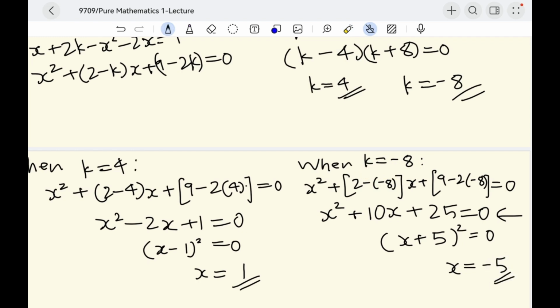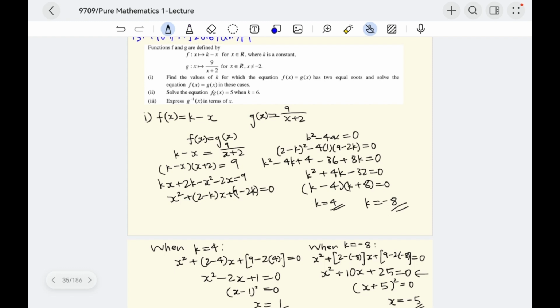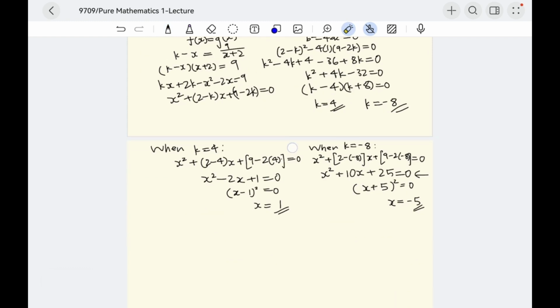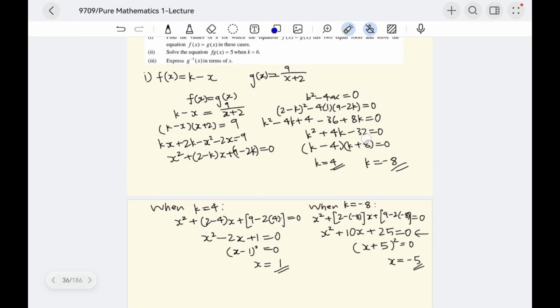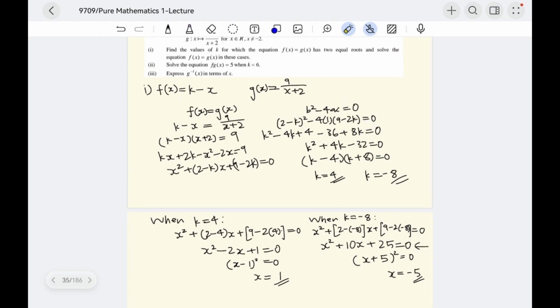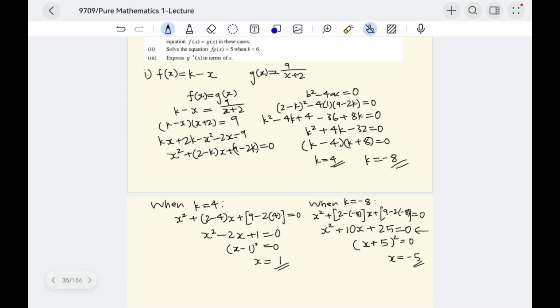So eventually the solutions of the two equations are x equals 1 for k equals 4, and x equals negative 5 when k equals 8. Alright, that's the end of the first part of the question. Okay, let's move on to the next question.